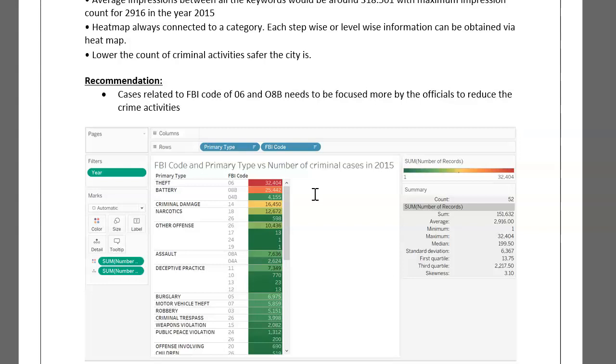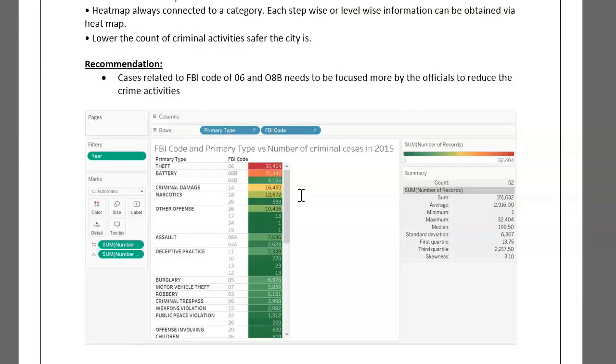Green means a lesser number of cases, and red being the worst. So we have around 32,404 cases, and the next would be around 25,442 cases for the battery and theft. So these are the two components which are predominantly occupying the higher volume of criminal cases in 2015.